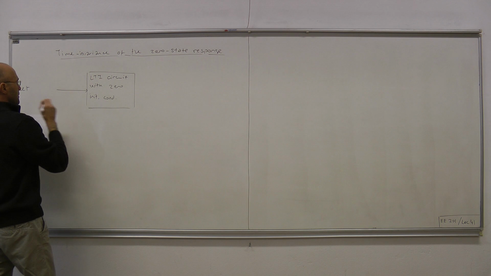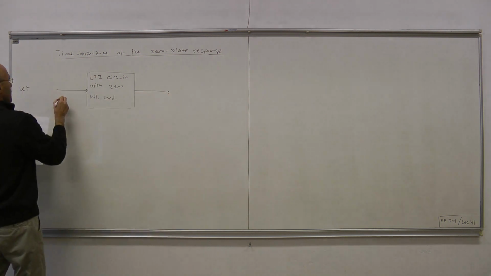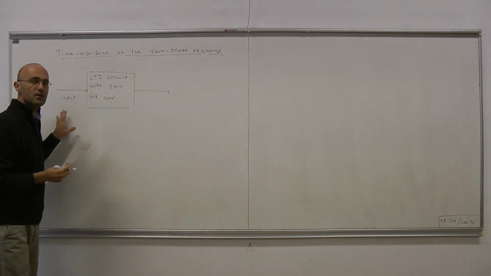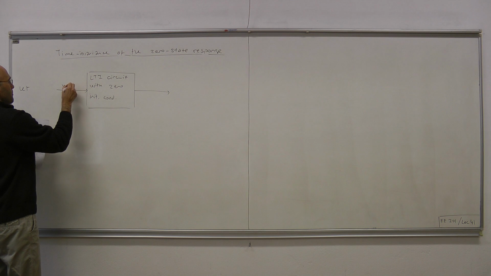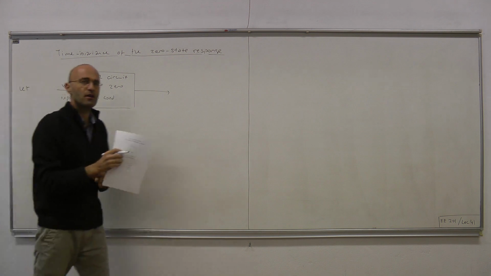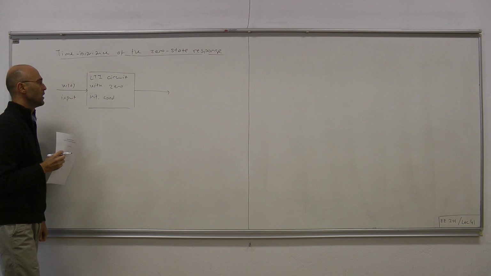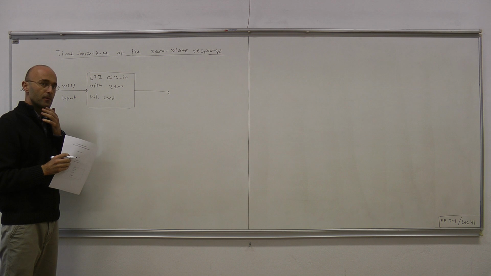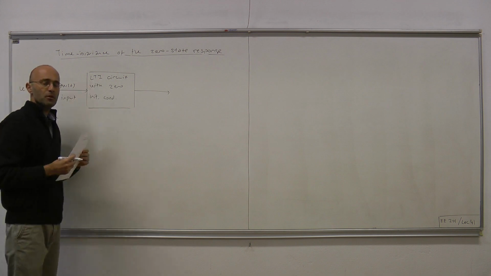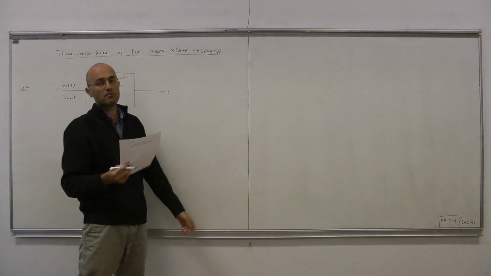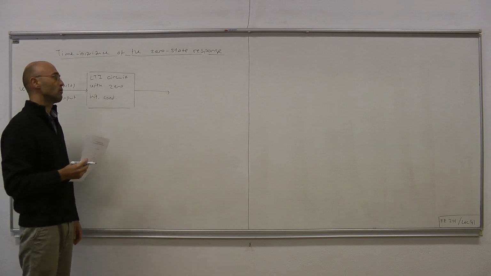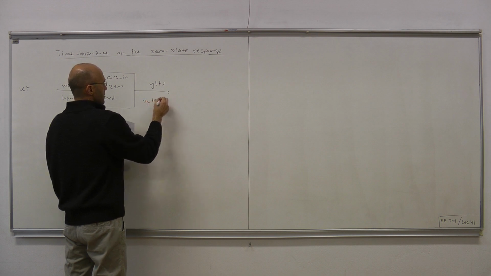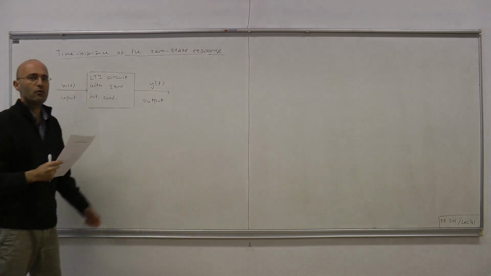And then from the input, you apply some signal, that's called w of t. Our inputs in our circuits are either voltages from an independent voltage source or currents from independent current sources. For simplicity, suppose that we have a single input. And then you go to your output, some capacitor voltage or inductor current or something else, any branch current or voltage, and that output we denote by y of t.